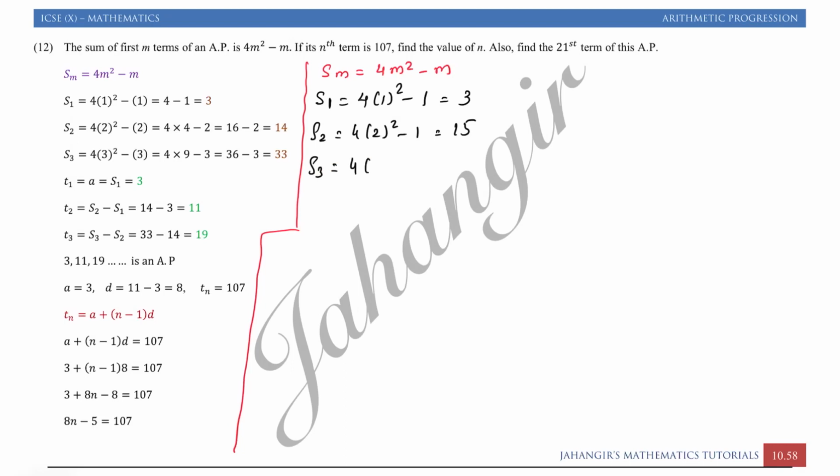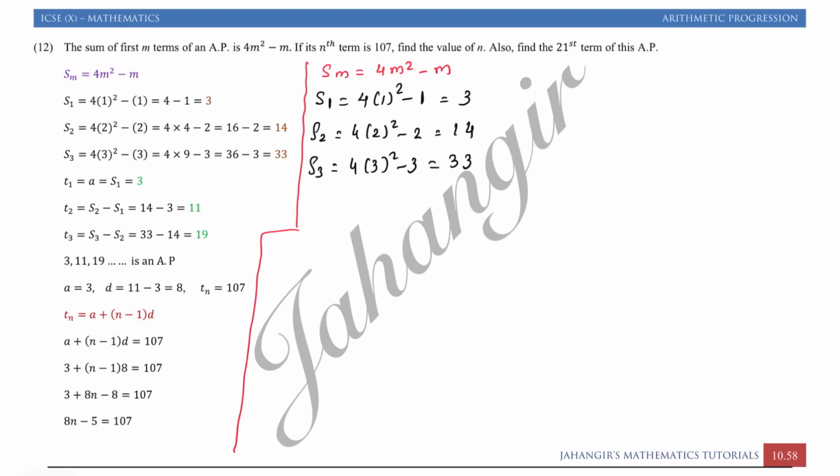S3 is 4 into 3 square minus 3, 3 square is 9, 9 fours are 36, 36 minus 3 is 33. Sorry, because it's m here, minus 1, minus 2, minus 3. So here I get 14 and here I get 33.